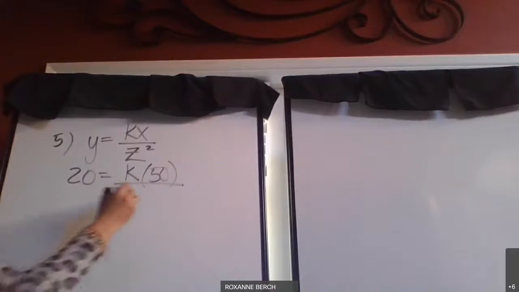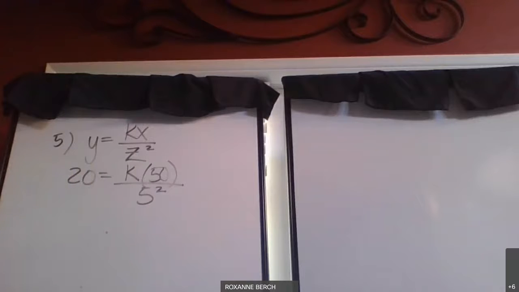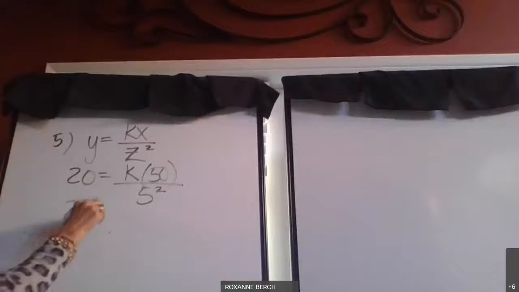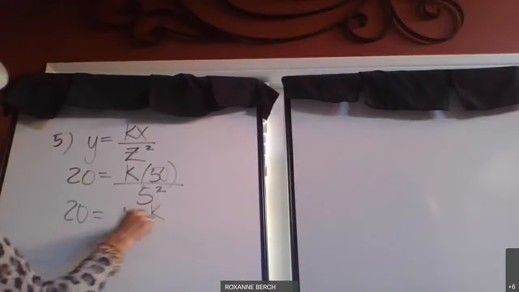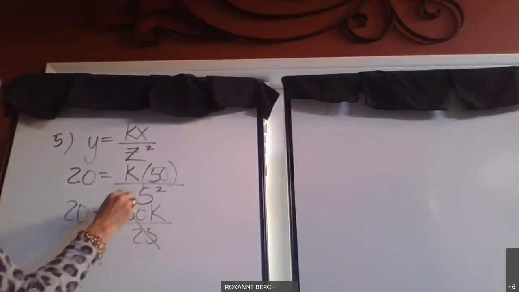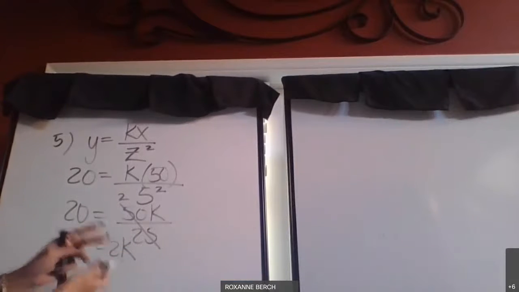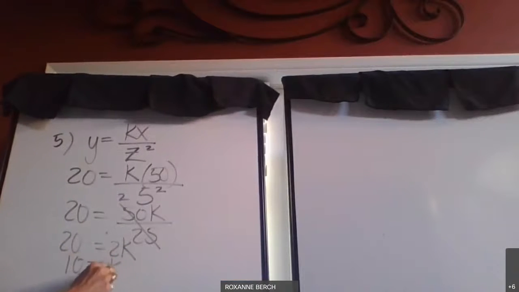And your z squared would be 5 squared. Now, do you see how I put those in or not really? Yeah, I saw it. Okay, so now I'm just going to find k. So this is going to be 50k over 25, and I'm going to simplify this because you can simplify parts of a product, right? So I can divide the bottom by 25 and the top by 25, so I get 2. So I get 20 is equal to 2k. And now I'm going to divide both sides by 2 and get k equals 10. So the constant of variation is 10, right?